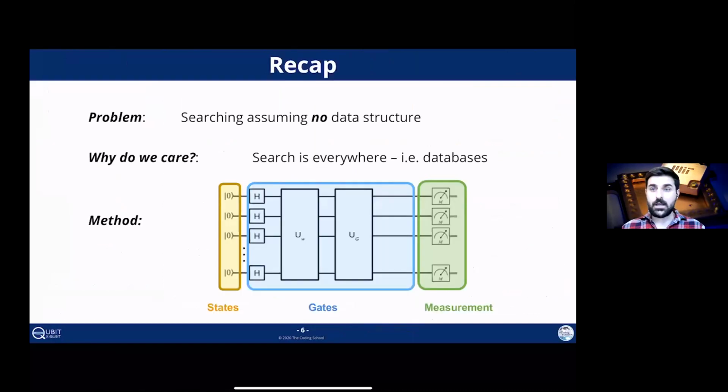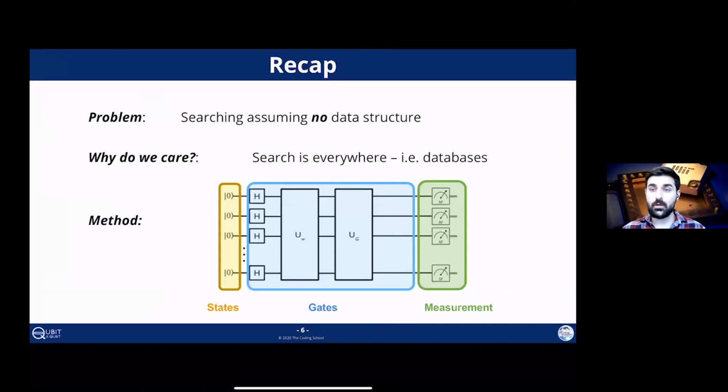Okay, that being said, let's dive into Grover's algorithm. The problem that we're trying to solve is searching, but we're assuming that there's no data structure. So our list or the database that we're searching through is not sorted in any way. And why do we care? Well, searching is everywhere.